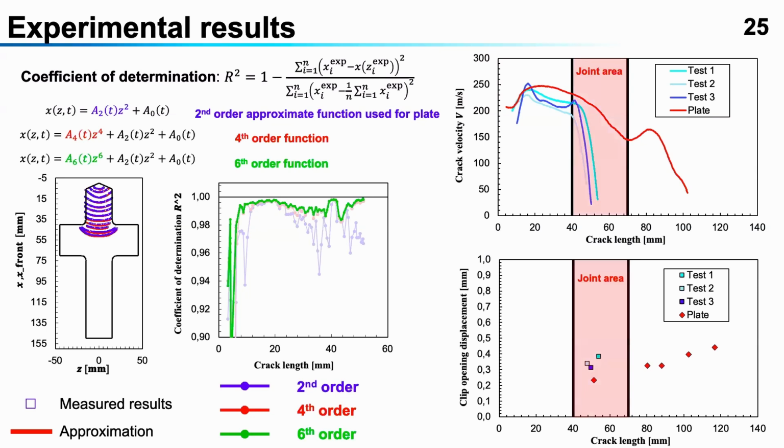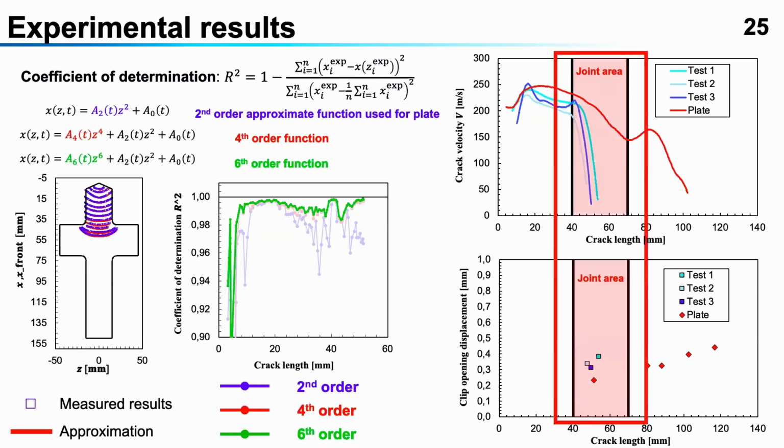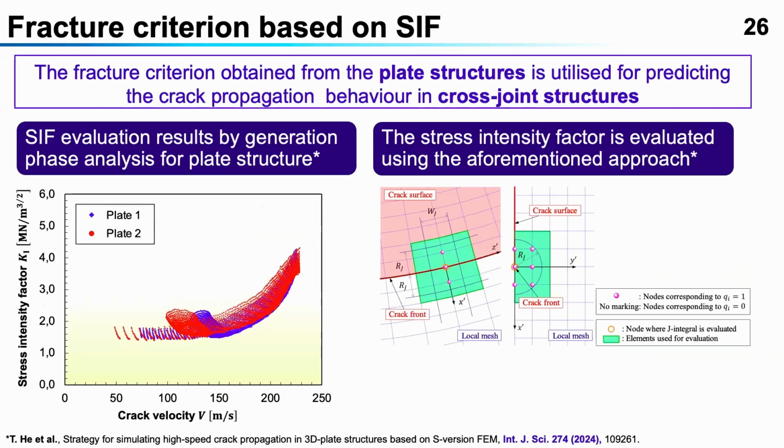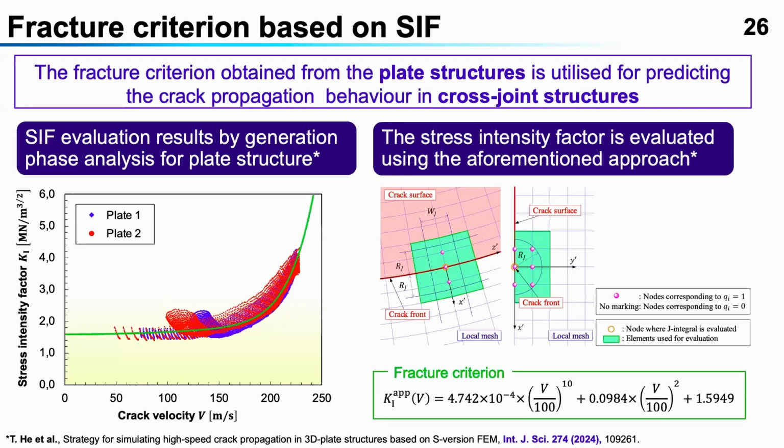We can see that the arrestability is greatly improved because of the joint area. As I just said, for the prediction, the fracture criterion obtained from the generation phase analysis is required as input. Our previous work already did the generation phase analysis for the plane structure, and we used this relationship between the stress intensity factor and the crack velocity as the input for the prediction.